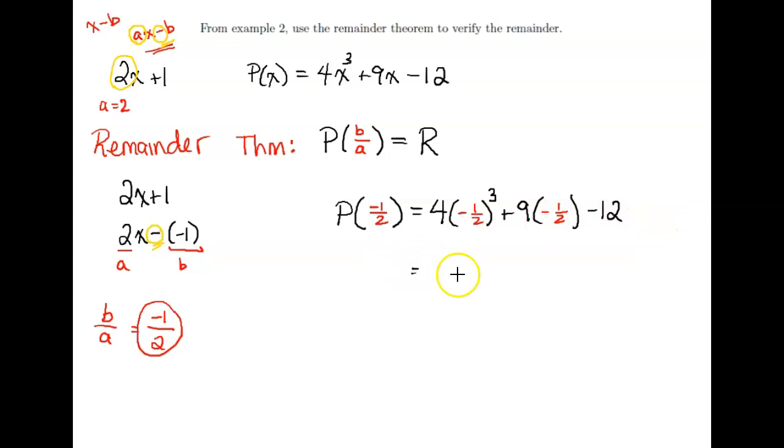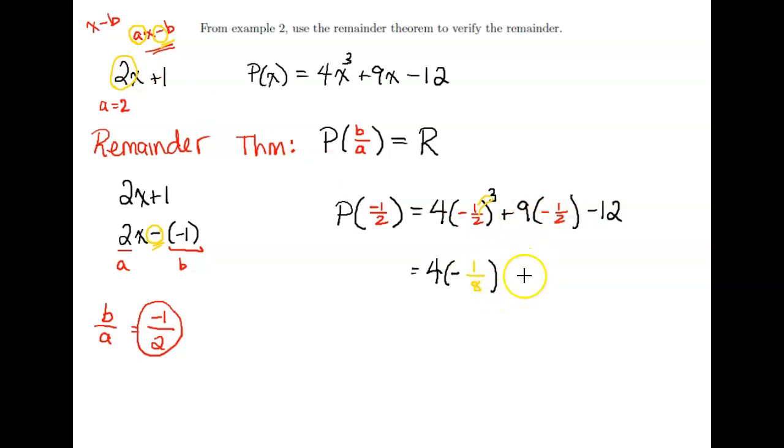Negative 1 over 2 to the power of 3: a negative to an odd exponent is still negative, but that exponent gets distributed to both. So 1 to the power of 3 is still 1, but 2 to the power of 3 is 8.